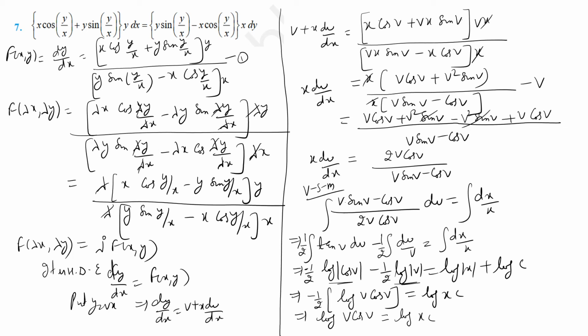So this is minus 2 times log of xc, which can be written as log of xc raised to power minus 2, so that I can take anti-log. So v cos v is equal to xc raised to power minus 2.